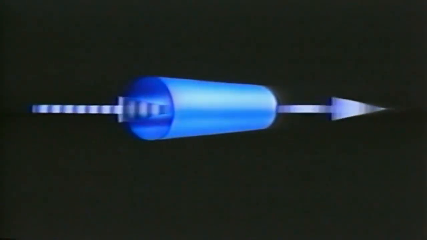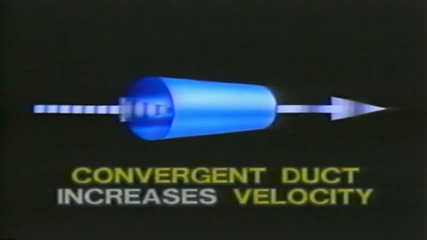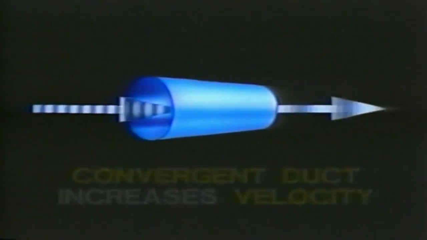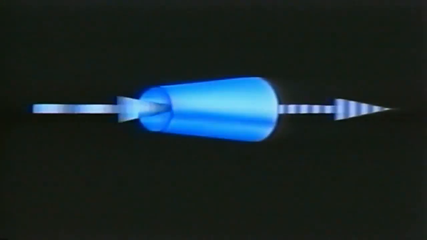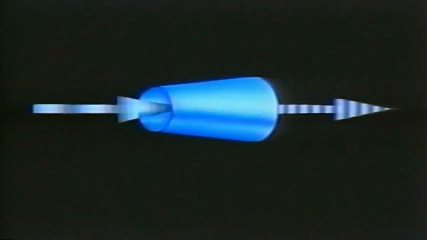This brings us to another law of nature that's put to use in jet engine design. When air flows through a convergent duct, cone-shaped like this, it increases the velocity of the flowing air, speeds it up. A divergent duct has just the opposite effect, slows it down.